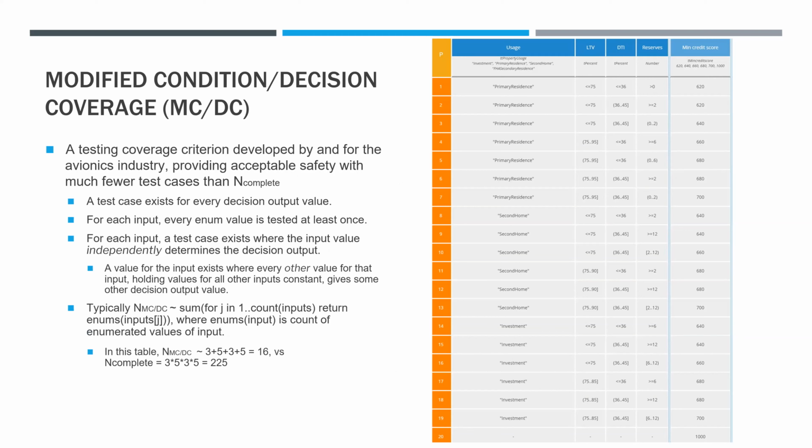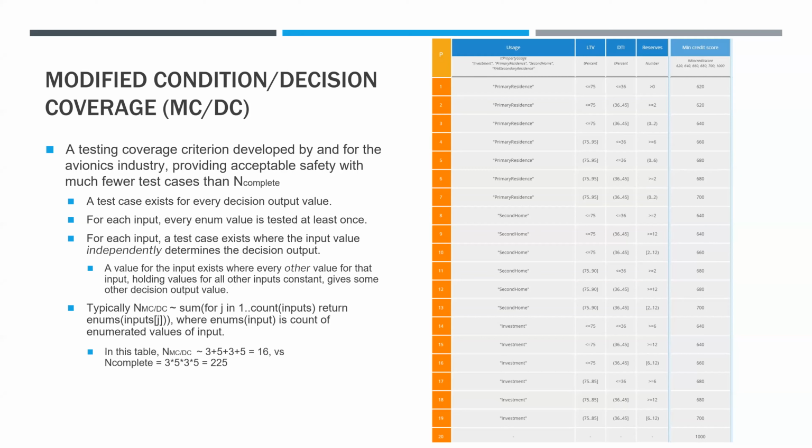There's at least one test case resulting in each decision output value. And for each input, there is at least one test case for each enumerated value. And there's at least one test case in which the value of that input independently determines the decision output, meaning all other values for that input result in a different output value for the test case, holding the values of all the other inputs constant.